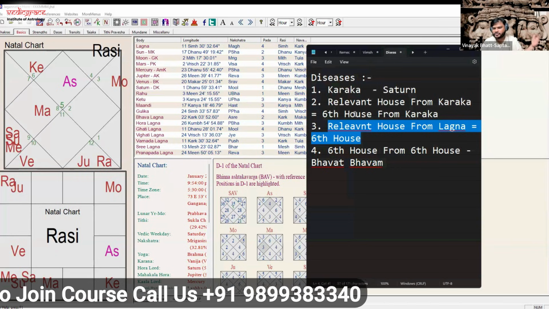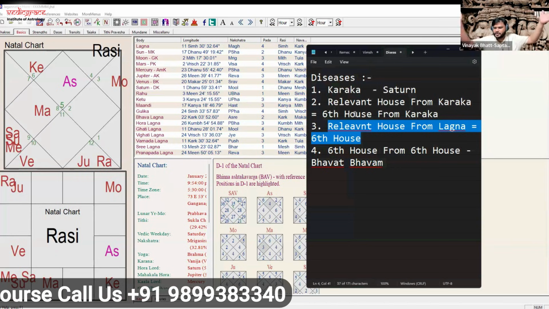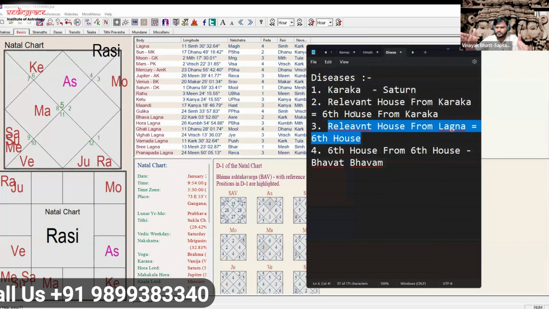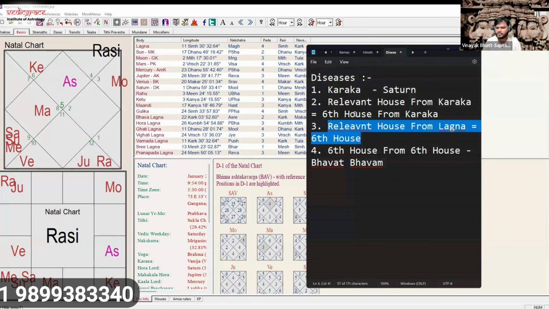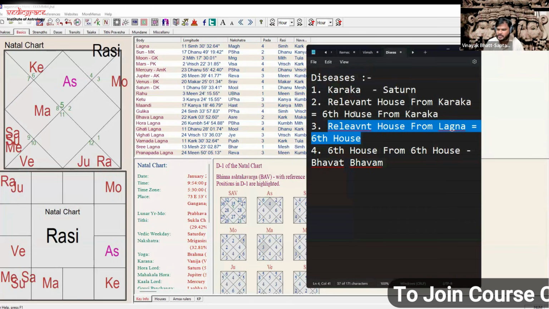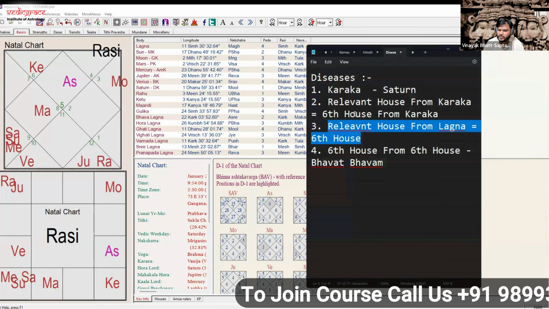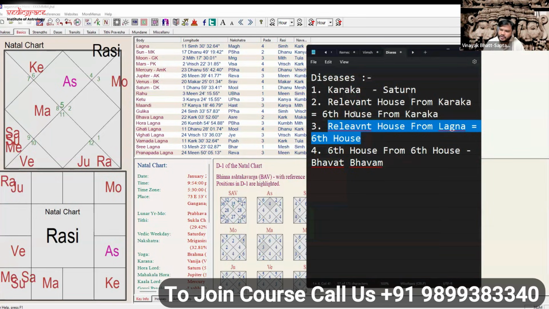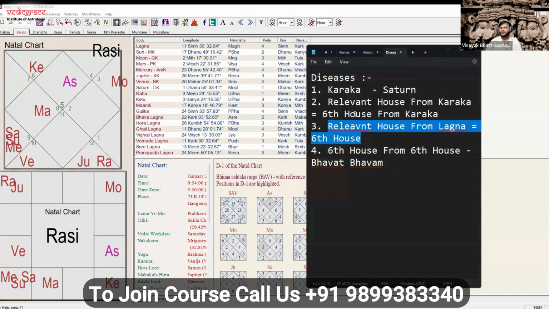So we start our journey from the universal level, then we land up in the specific chart with the Lagna. That's why in our course, we are focusing more on the first and second points. We start with the first. Today we have seen the Karaka concept only. Then I will introduce the relevant house from the Karak, and we will decode the chart from this particular point.